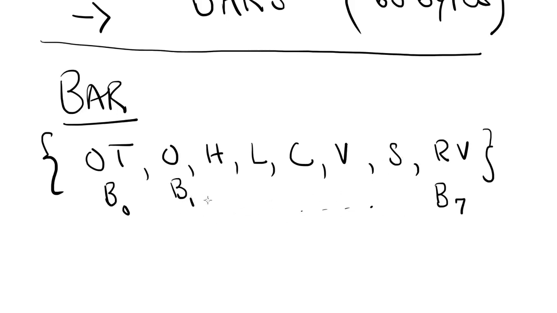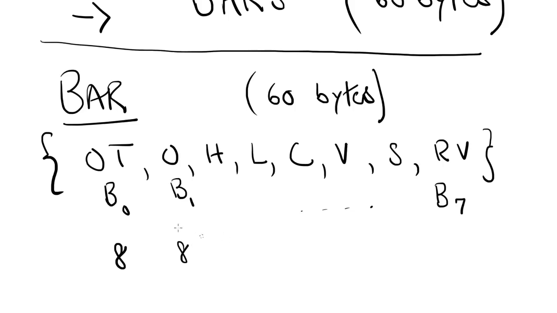Now, each of these fields has a certain size. Remember that the full size of a bar object is 60 bytes, so their data types dictate the size of each field in the bar object. Open time is 8 bytes, an unsigned long.